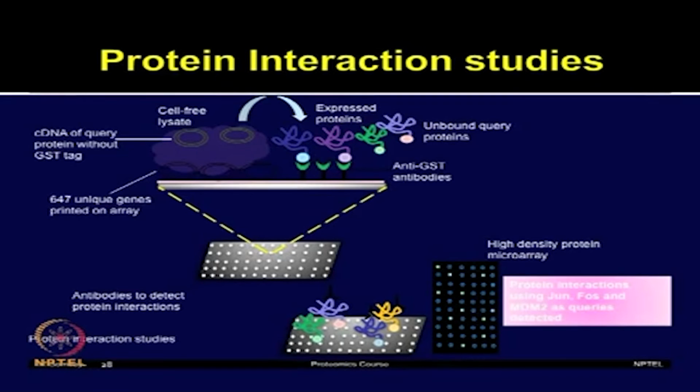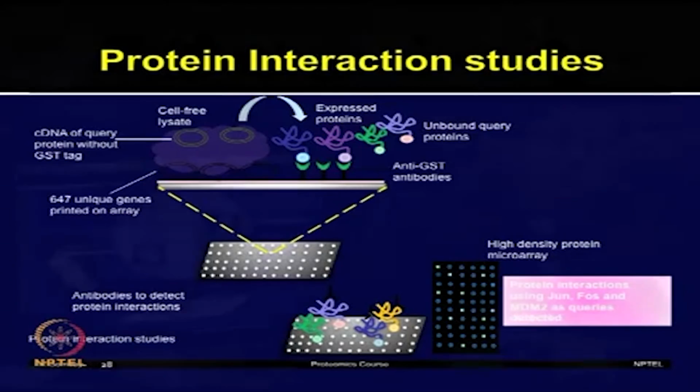If Fos is printed on the array, Jun should be able to bind if it is used as a query protein, or similarly, if Jun is printed on the array, then Fos protein can be used as a query for showing the interaction. Many times these interactions become unidirectional. It becomes very tedious to show that the interaction is working in either direction. But in this study, authors showed that the protein interaction of Jun and Fos can be shown in both directions.